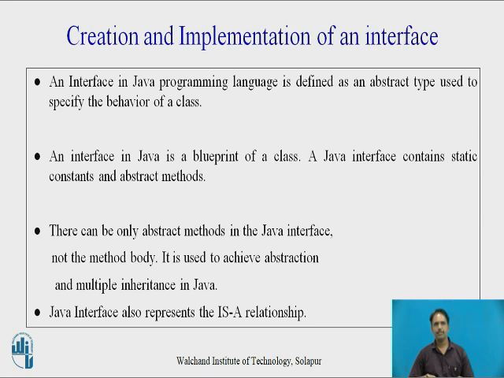Java interfaces also represent an is-a relationship. Basically we have two types of relationships. One is the is-a relationship, which is also achieved through inheritance. In the same way, interfaces also represent the is-a relationship, and another type of relationship that we have in implementation is the has-a relationship.